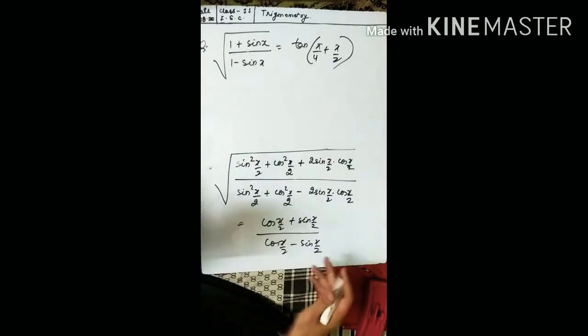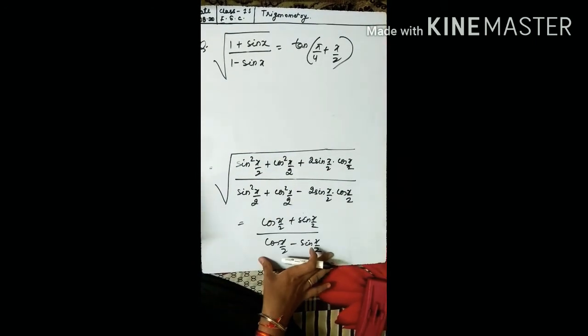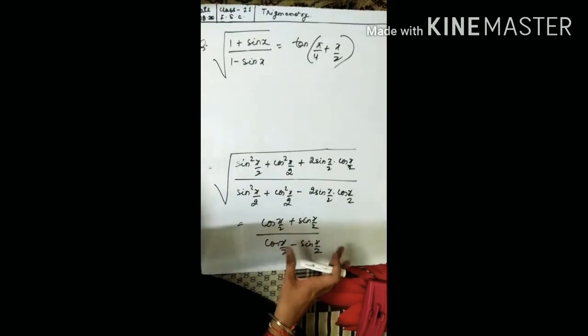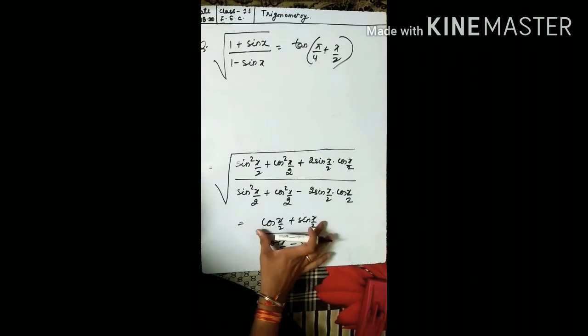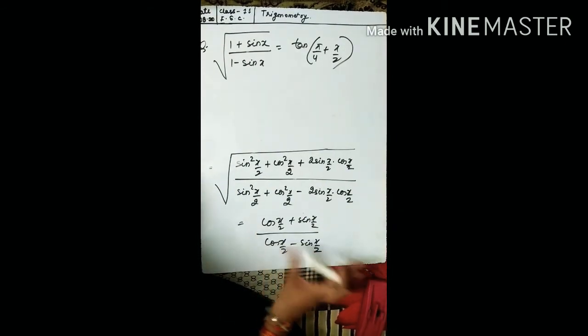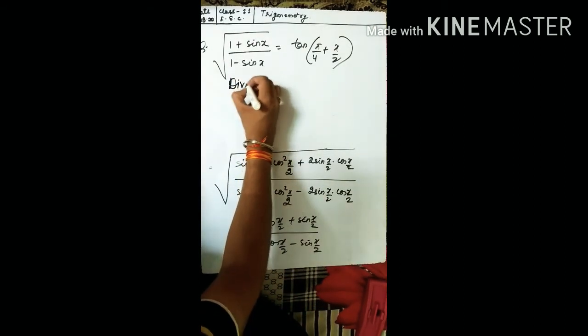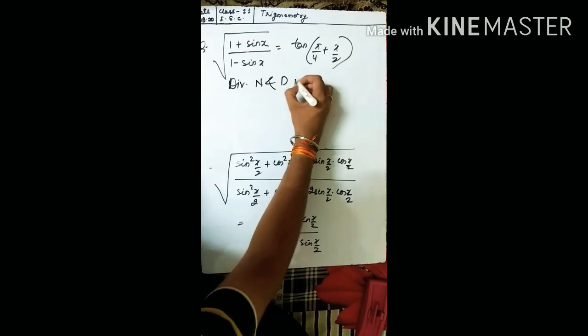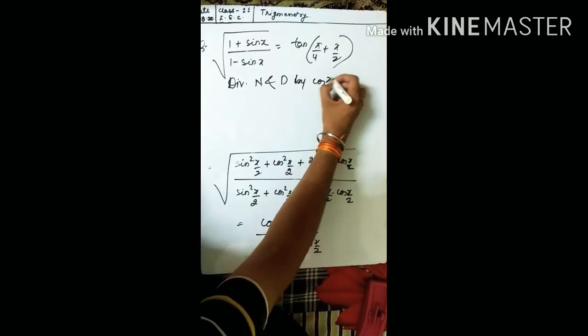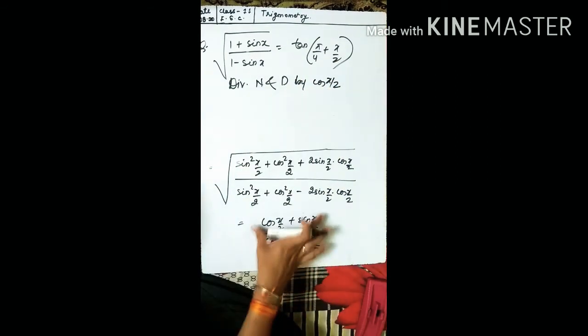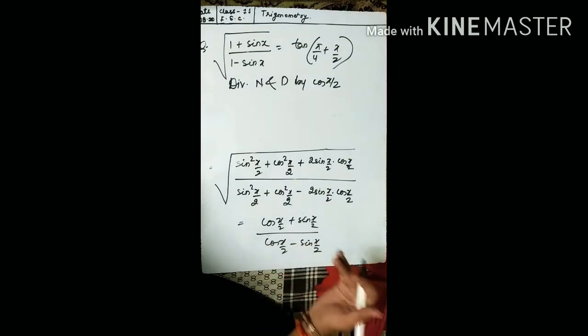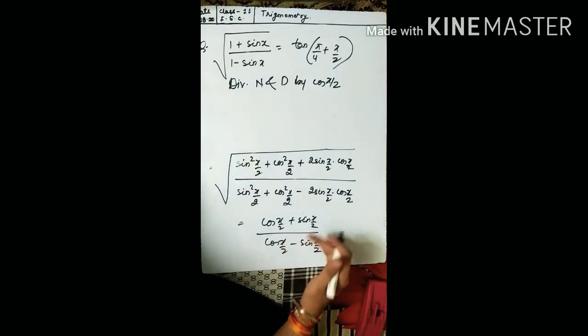Okay, now in this step I'm dividing the numerator and denominator by cos x by 2, because I want this thing to be in tan. That is why we are dividing it by cos x by 2.